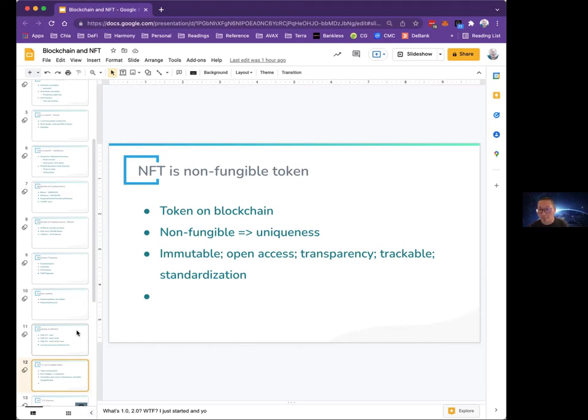Because of the blockchain itself, as I mentioned, it's open access and it's also a standard. So every application can go to the blockchain to get the same set of information which represents your identity. Even though you don't have to leak your identity, you can use this identity in every application.